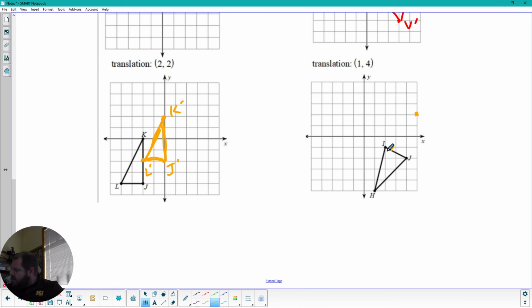And in doing that, I got rid of one of them. And then I'm going to go ahead and relabel now. We have I prime, J prime, and H prime. Draw it again. And there we go. And that gives you a good look at how to translate a figure, an object.